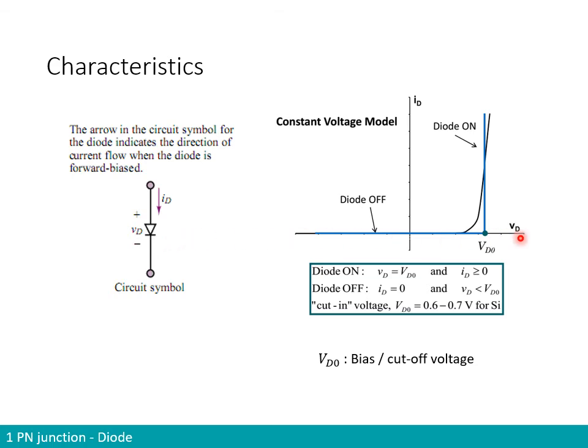If we look into the curve, the characteristic of the diode current versus the voltage of the diode, what we can see is that here is 0, and as we supply a positive voltage, or forward bias in terms of a diode, there will be no current circulating in the diode unless it achieves this VD0, right?